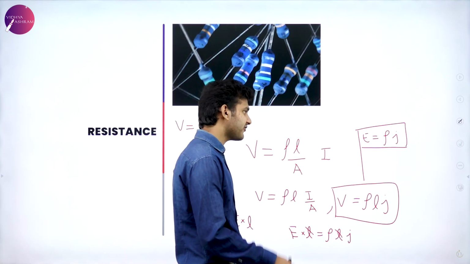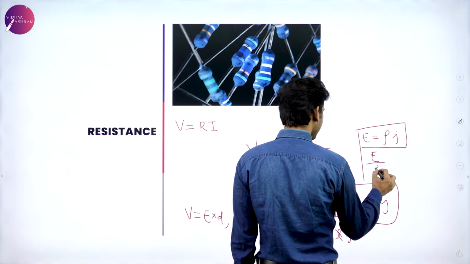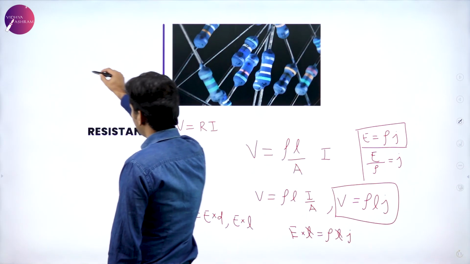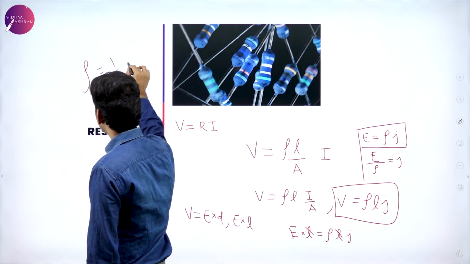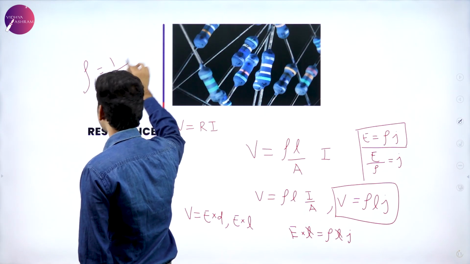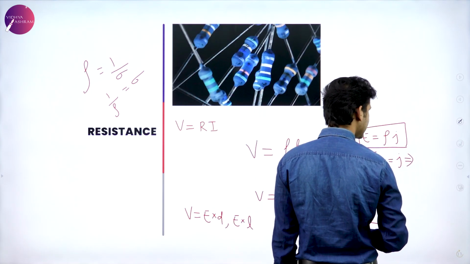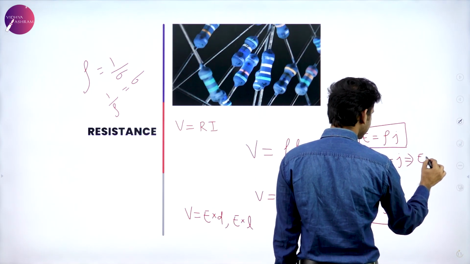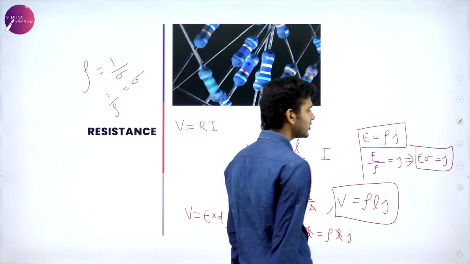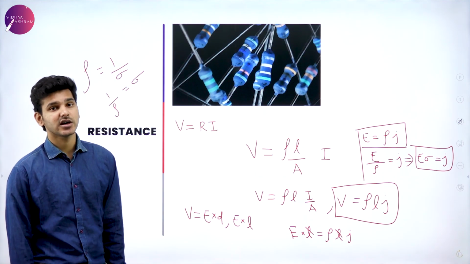Or you can simplify it even more and write it as E divided by rho is equal to J, but we know that rho is equal to 1 by sigma, which means 1 by rho is equal to sigma. So we can simply write it as E sigma is equal to J. And that is one more relation regarding electric field, conductivity and current density.